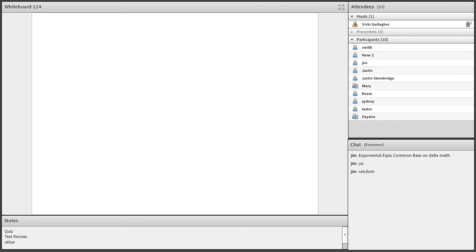Level 1, 2, or 3. Any? Okay, well, let's start with level 1, and then we'll work our way up to a different level if we want to.